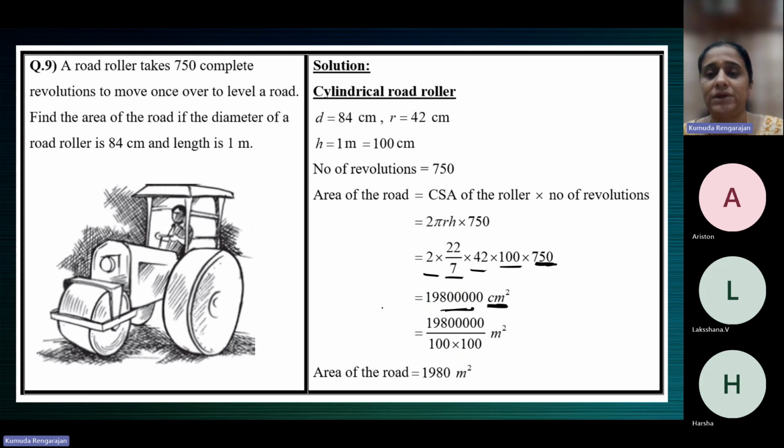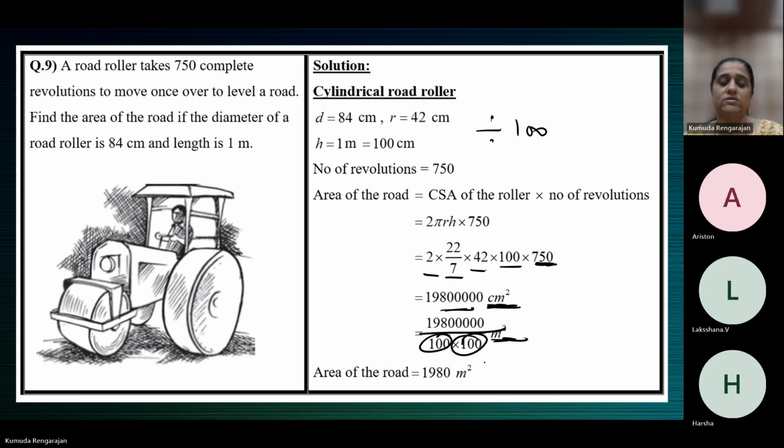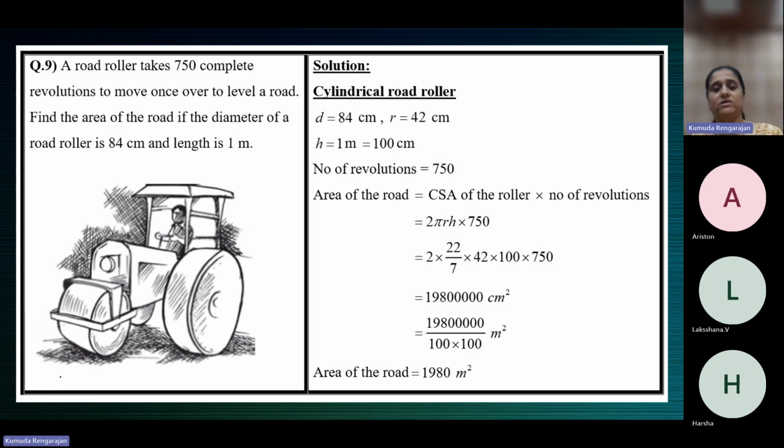To convert centimeter to meter, we divide by 100. To convert centimeter square to meter square, do that 2 times, so divide by 100 and another 100. That gives us 1980. 1980 meter square is the area of the road.